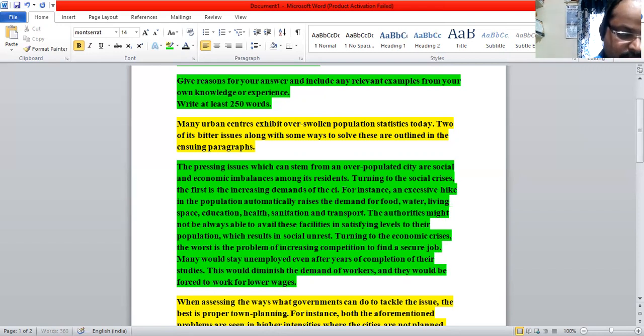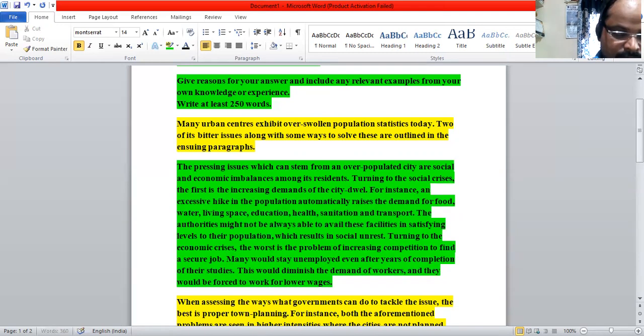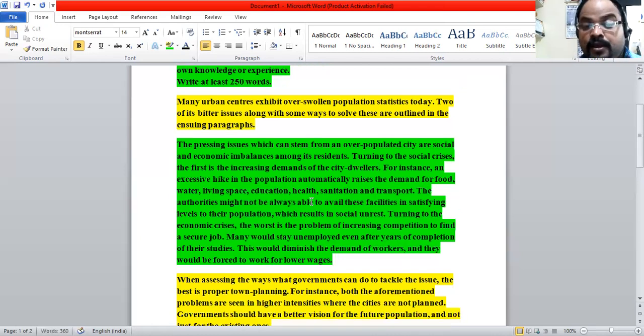Of the city dwellers. So increasing demands of the city dwellers, that's the social problems.